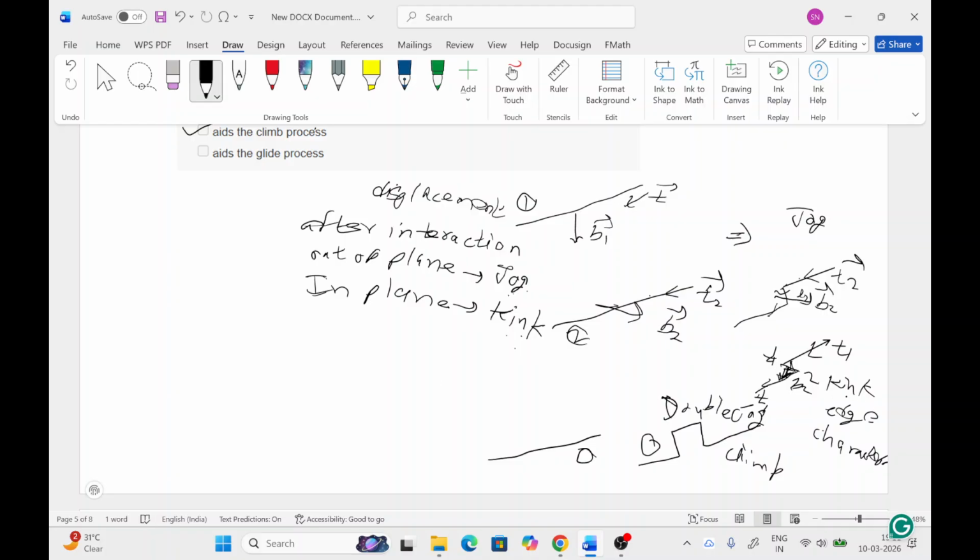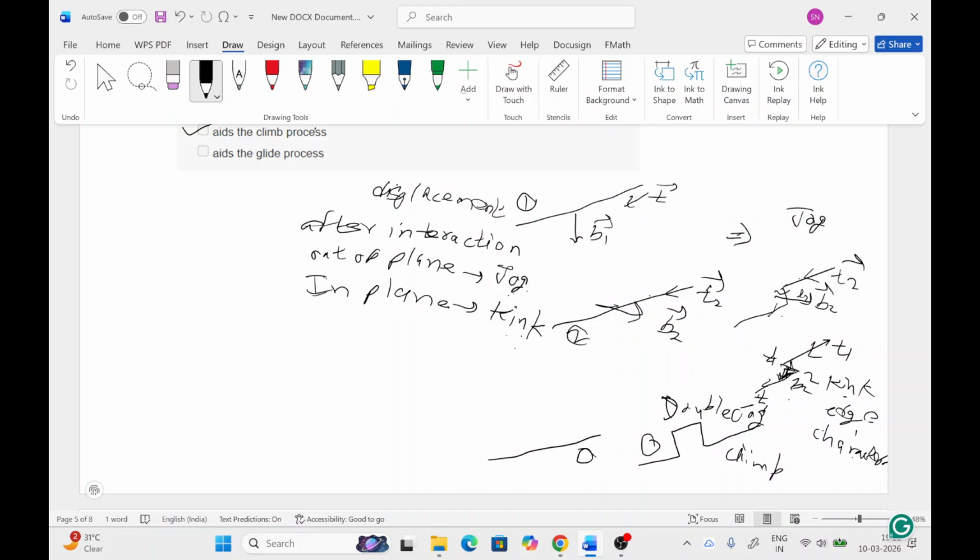So this will be kink, and because the line vector and Burgers vector are perpendicular, it is giving edge character kink. But for this, this is giving the jog. So jog will always be of edge character, but kink can be of both types, edge or screw character.